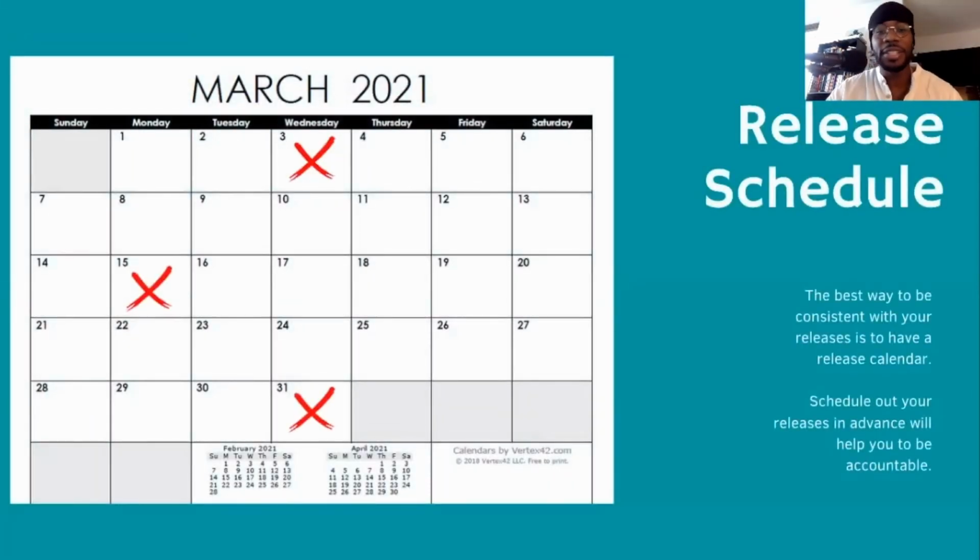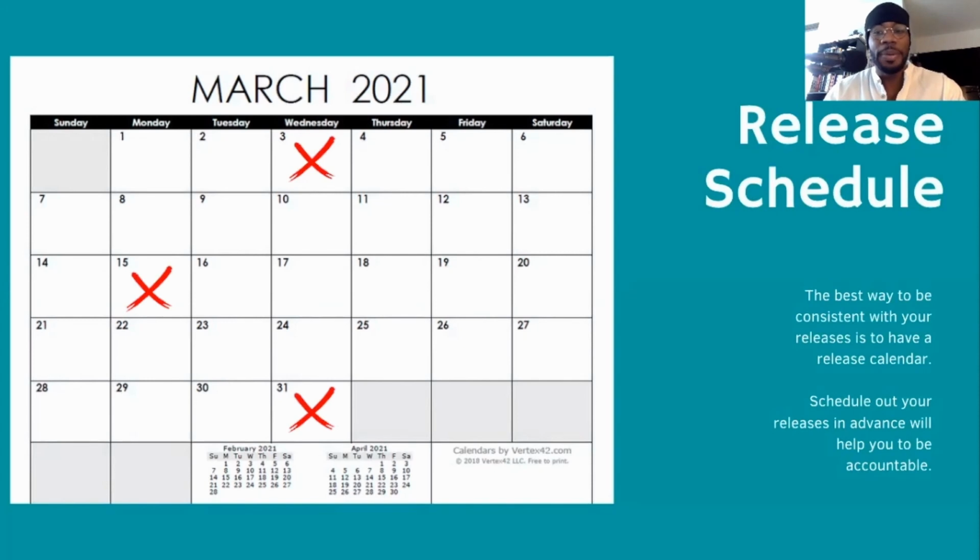Now, the best way I found to keep accountable is to create a release calendar or a release schedule. By putting it on the calendar, you're keeping yourself accountable, and it makes you commit to it. Because if you don't schedule it out, it'll just fly by, right?